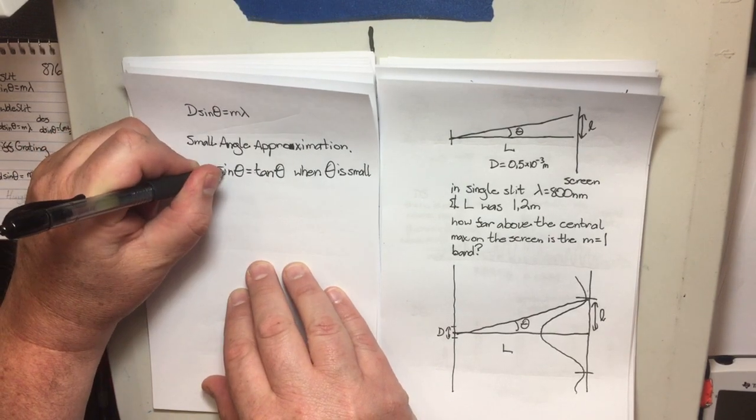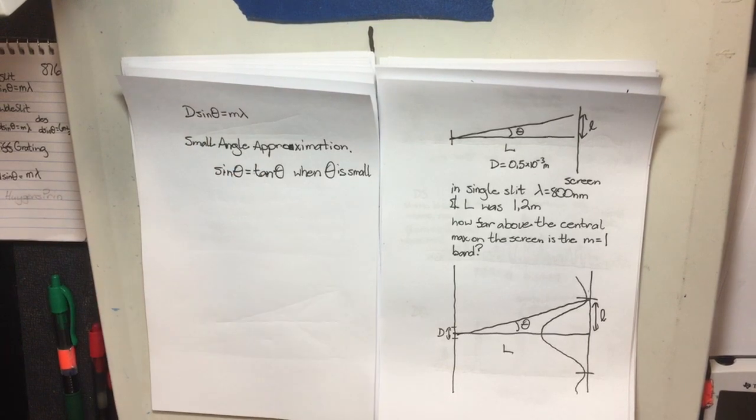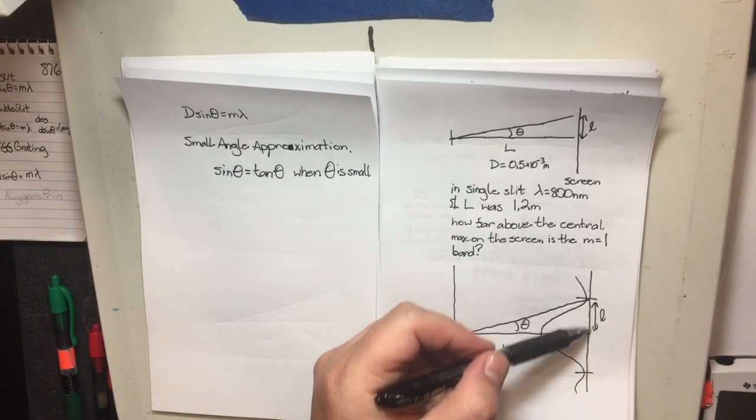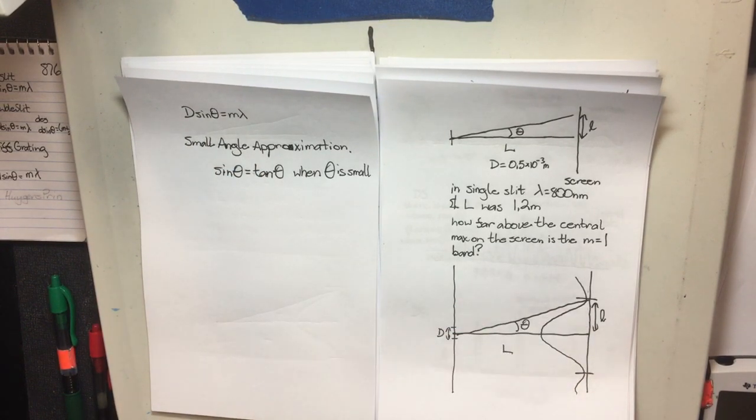So if sine theta is equal to tan theta, this distance here is on the order of a centimeter, 2 centimeters. This thing is on the order of 1.2 meters. So if I do inverse tan of 0.02 divided by 1.2, I'm dealing with a number less than a degree.